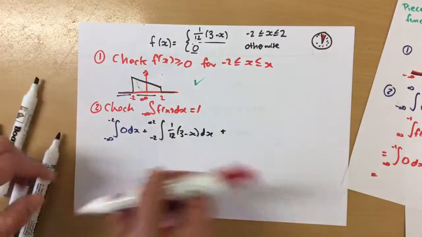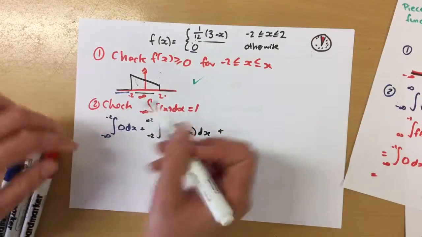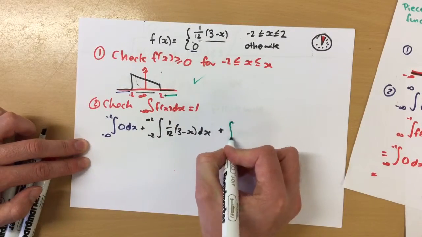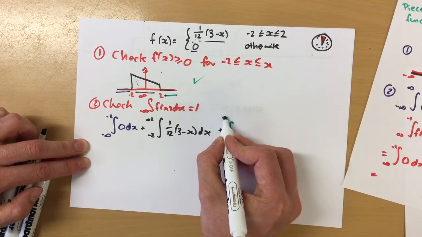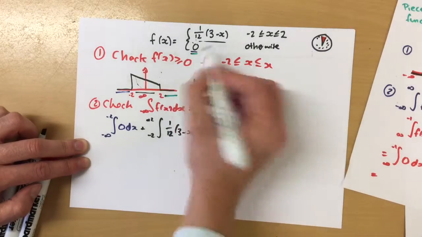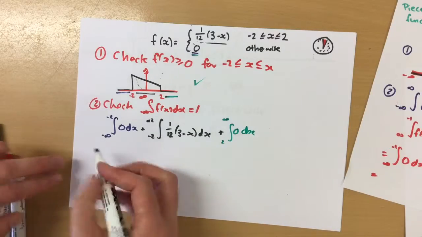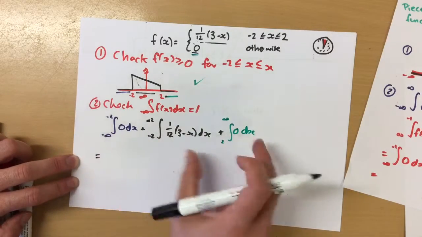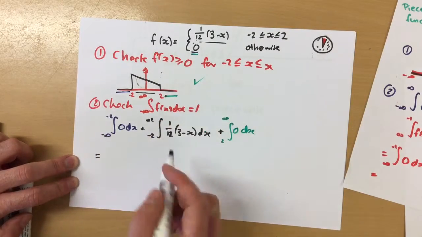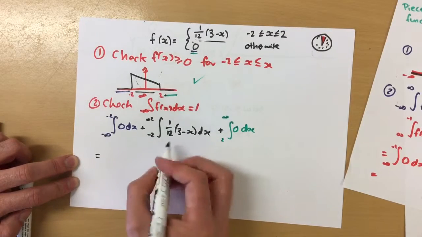And the last section is anything on that side, between 2 and infinity, and again at this point, it's 0. These are going to still be 0 when you integrate, which leaves us with the middle section.